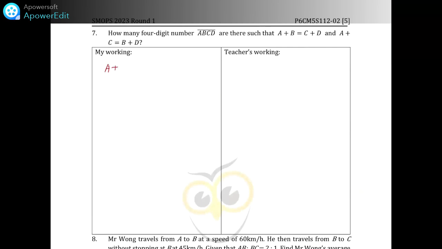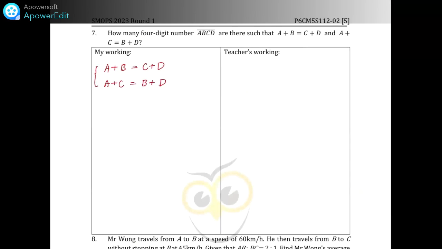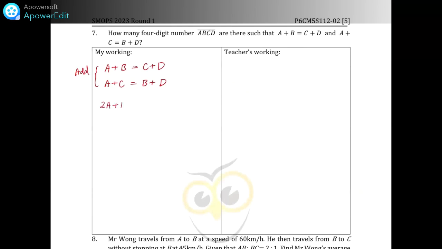A plus B equals C plus D, and A plus C equals B plus D. If we add them together, on the left hand side we have 2A plus B plus C. On the right hand side we have B plus C plus 2D. So from here we get 2A equals 2D, A equals D.